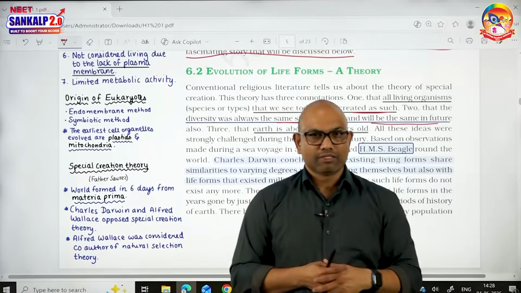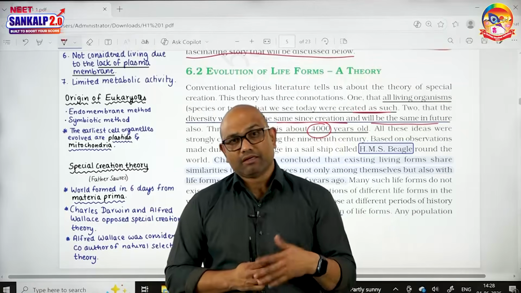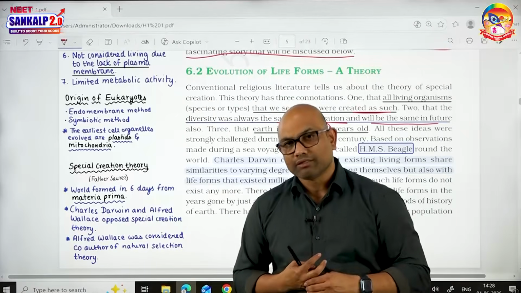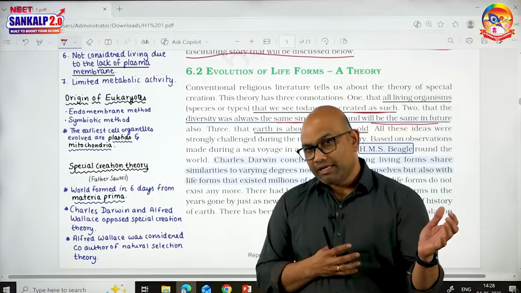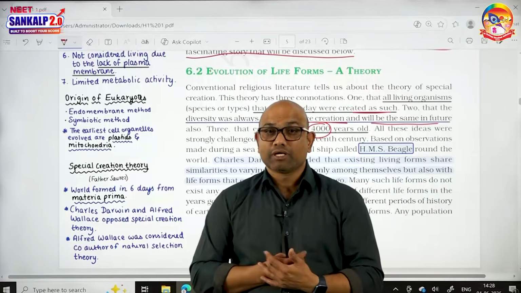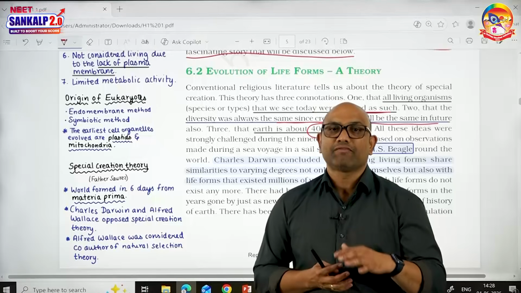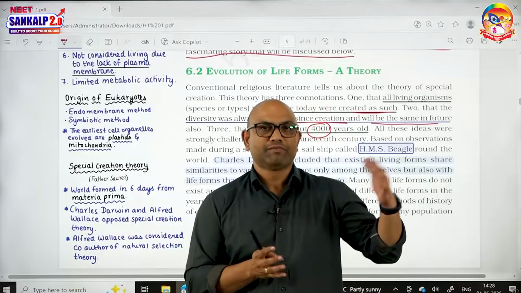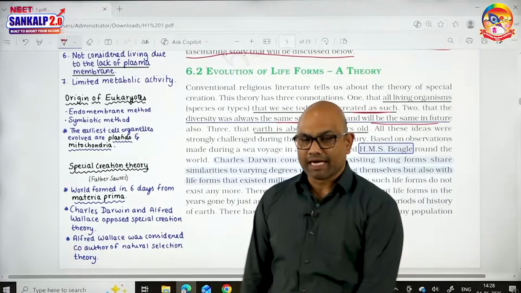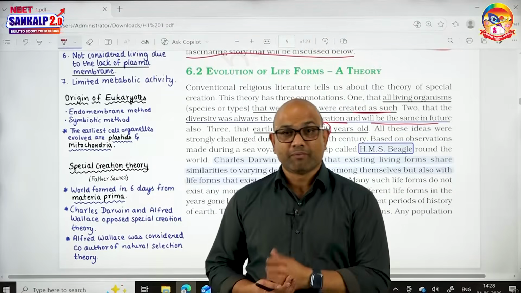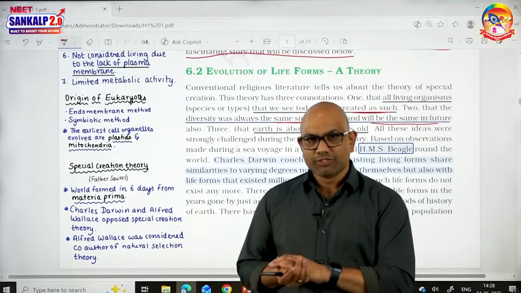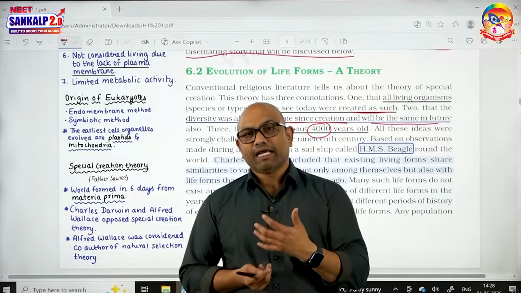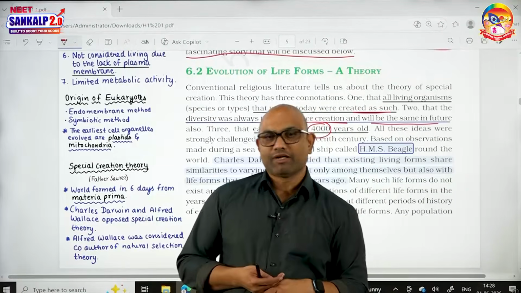Darwin wrote the natural selection theory, but Alfred Wallace is said to be the co-author of the natural selection theory, because Darwin and Wallace came to the conclusions during the same time but not from the same place. Darwin's observations were mostly from Galapagos Islands, Wallace's mostly from the Malay Archipelago, Asia. But same conclusions during the same time from different places, hence Wallace is said to be the co-author of the natural selection theory.